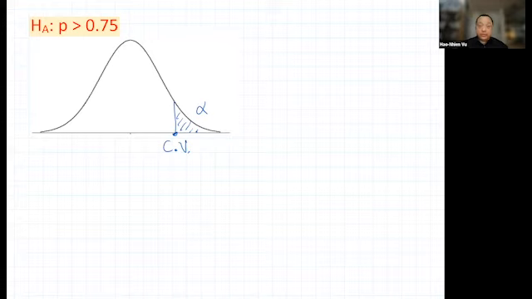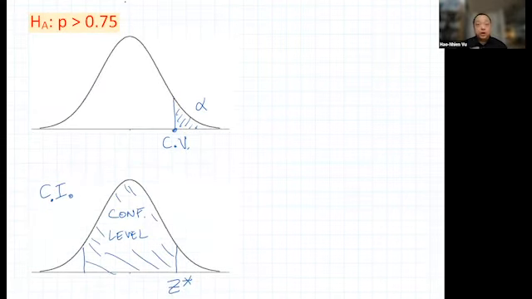Now let's look at the right tail situation and compare it to the diagram of a confidence interval. They do not look the same. The hypothesis test only has one tail of alpha, whereas the confidence interval has two tails, one on each side. So in order to make the hypothesis test look like the confidence interval, we have to pretend that there's another tail on the left, also equal to alpha.